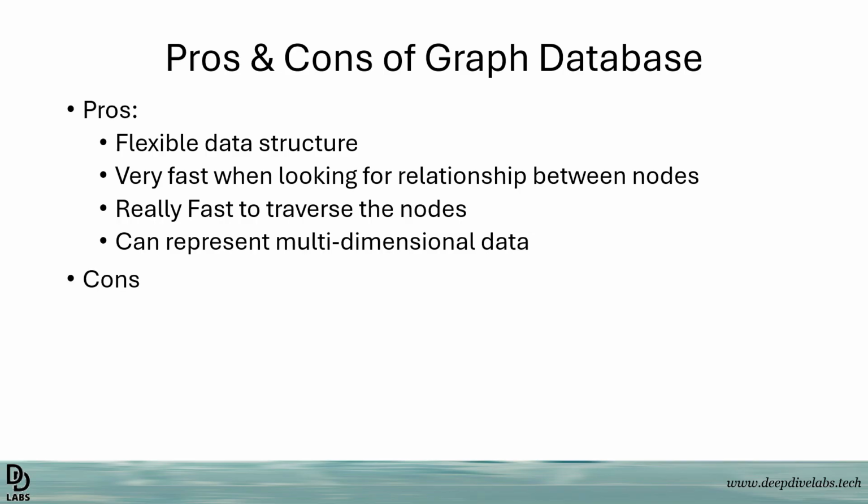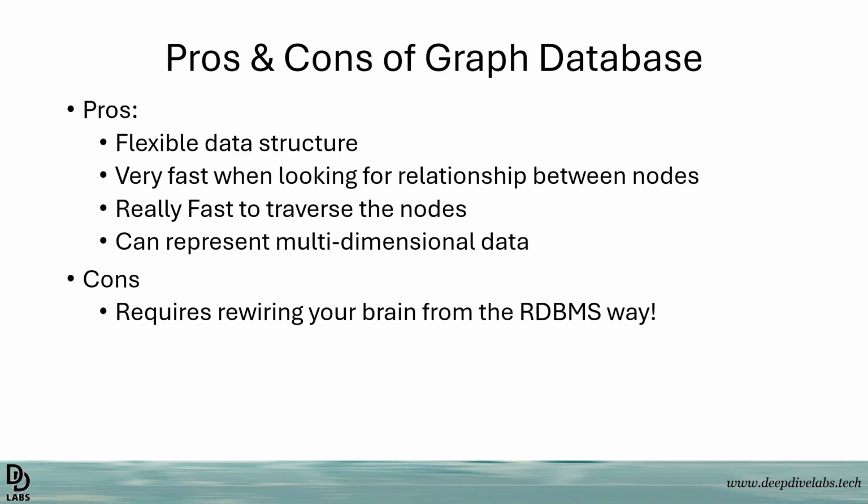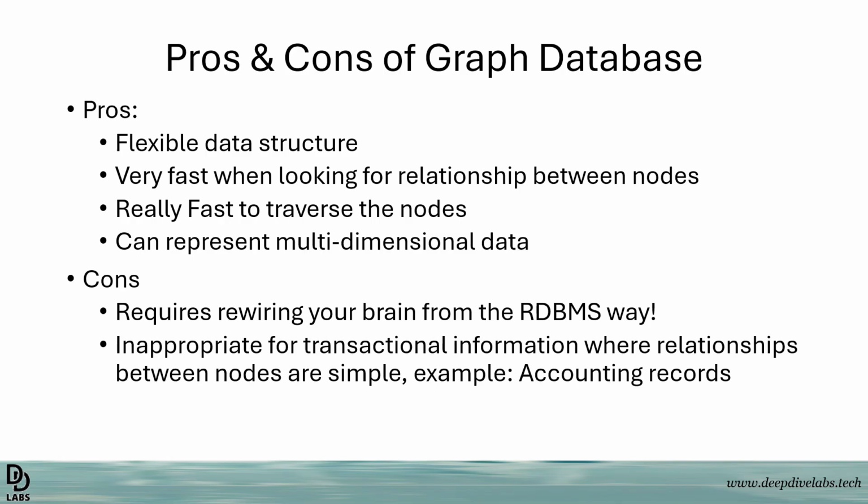Of course, there are disadvantages as well. One of the key things you will find when moving from RDBMS to graph database is that it requires rewiring your brain from the RDBMS way. Of course, it becomes intuitive after you have worked with it for a while, but initially there is a certain learning curve.